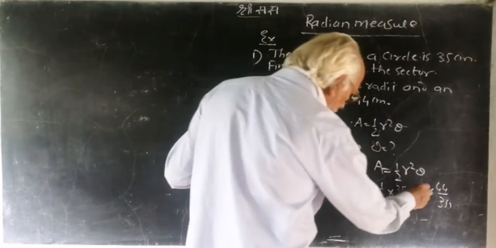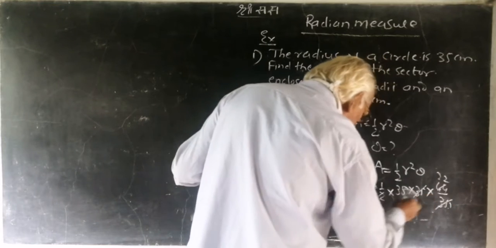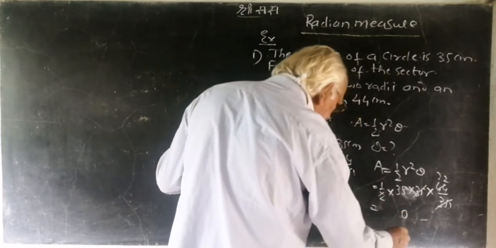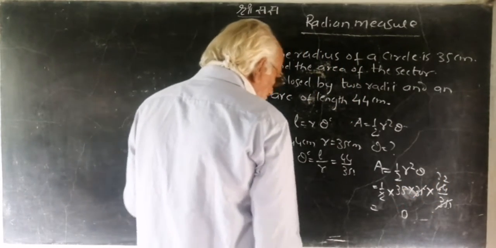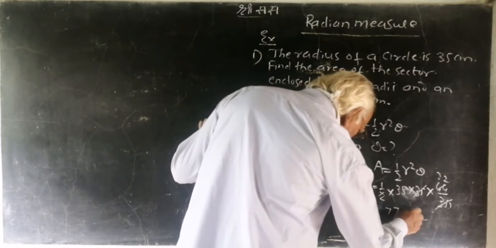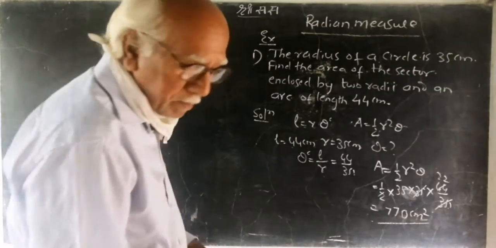So we can cancel out 35. 2 1s are 2, 22s are... If you multiply, 22 5s are 110, 22 3s are 66 plus 11 is 77 cm square.